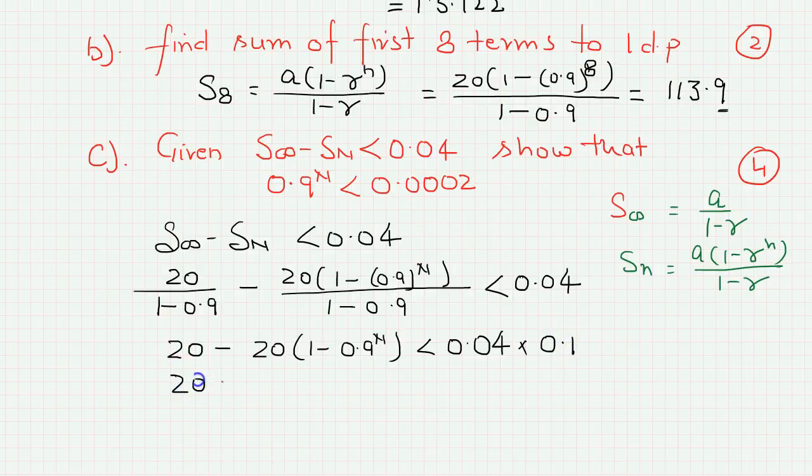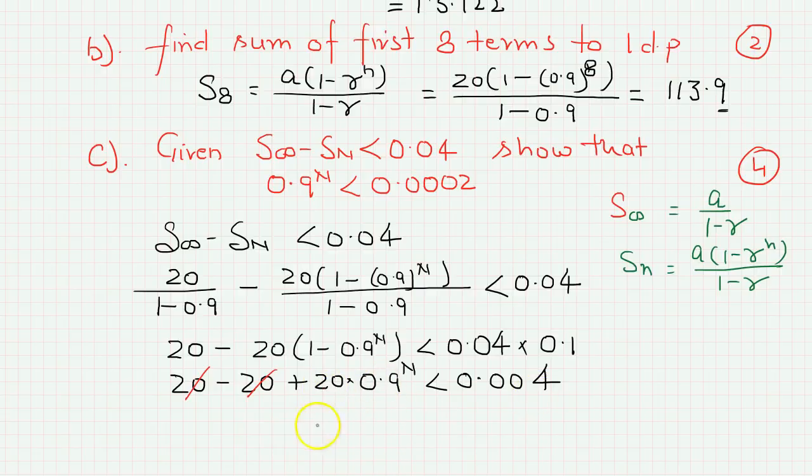So this is 20 minus 20 plus 20 multiplied by 0.9 to the power n less than 0.004. So 20 minus 20 is going to be cancelled.